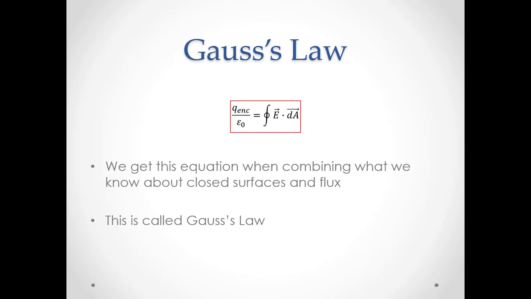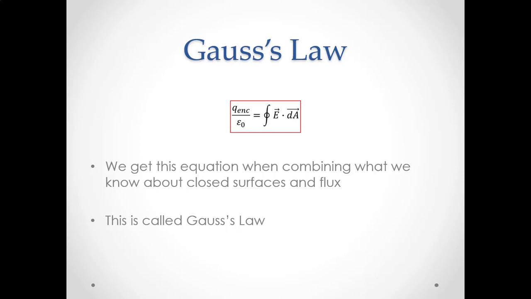Now, as we'll see in the next lesson, when we look at some applications, if we choose our surface wisely and choose to define the system in a smart way, I can actually make this formula pretty easy to solve out. Now it's worth pointing out in this formula, it looks like the right-hand side is an integral and the left-hand side is just plug some numbers in.